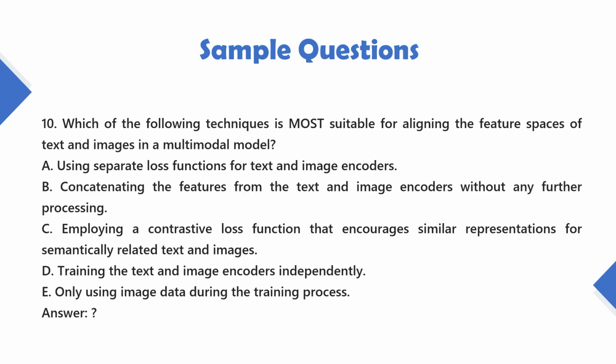C. Employing a contrastive loss function that encourages similar representations for semantically related text and images. D. Training the text and image encoders independently. E. Only using image data during the training process.